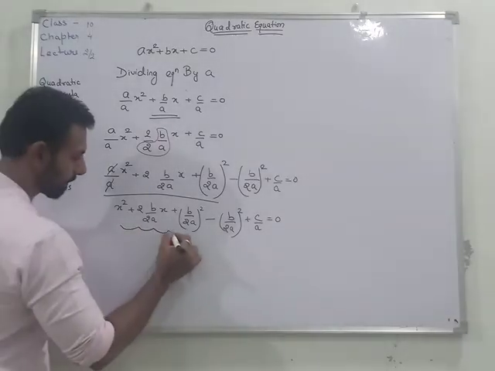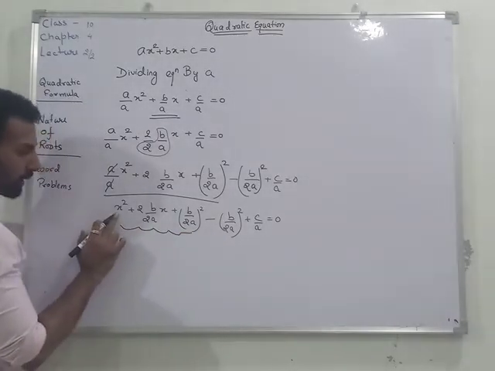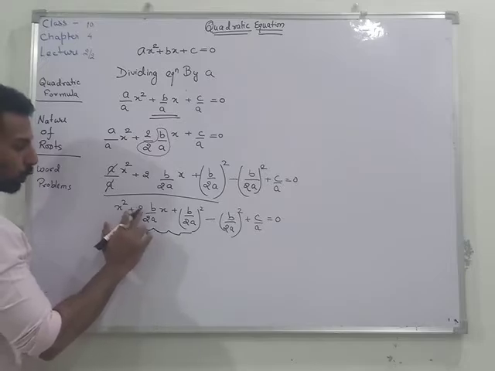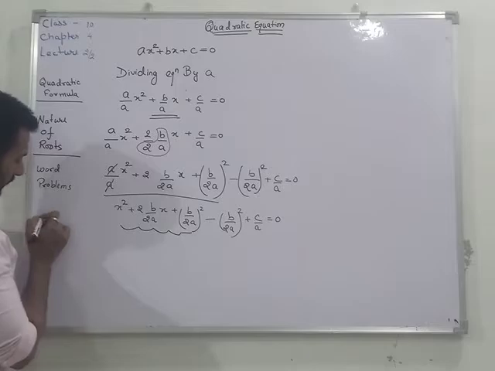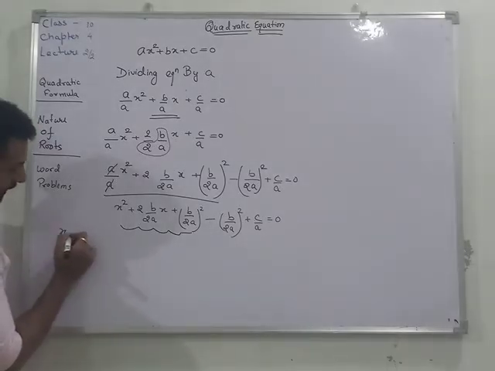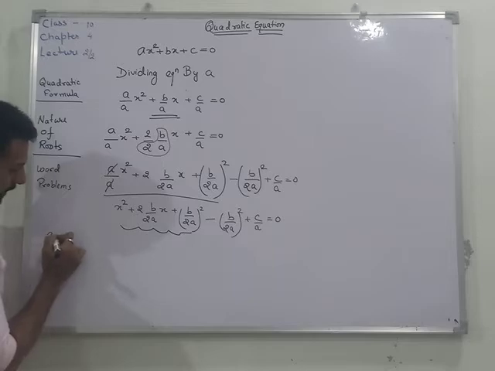Now this term a square plus 2ab plus b square is the identity of a plus b whole square.